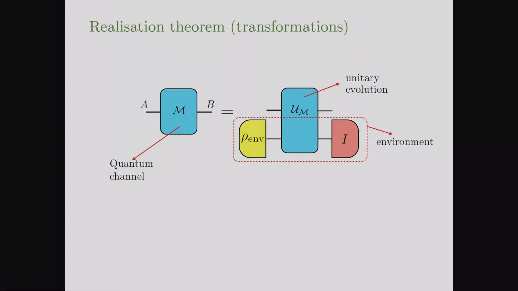And moreover, you also have a sort of realization theorem that tells you that these mathematically derived maps have a realization in terms of more physically elementary objects, like a unitary evolution that maybe involves some environment that is traced out at the end.